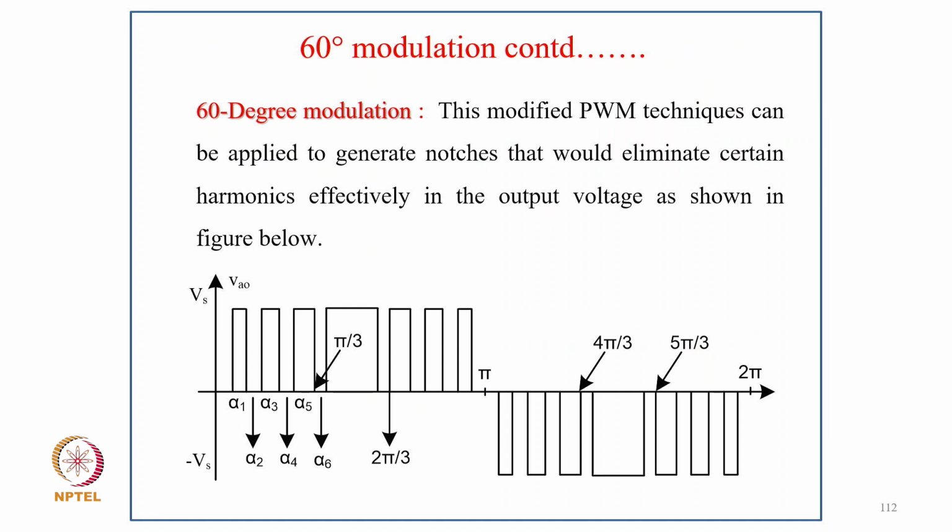In 60 degree modulation, this modified pulse width technique can be applied to generate notches that will eliminate certain harmonics effectively in the output voltage, as shown in the figure below with the different angles like alpha 1, alpha 2, alpha 3.